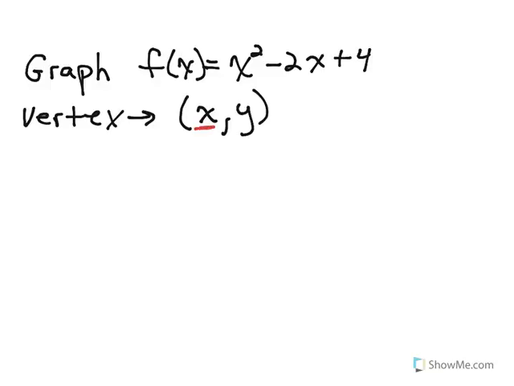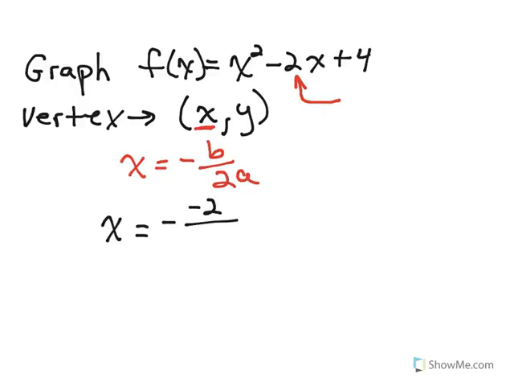To find the x part, we have an equation that x equals negative b over 2a. Remember standard form of an equation. B is the middle term, the coefficient, which is negative 2. So now we have the x value of the coordinate equals negative negative 2 over 2 times a, which is 1.